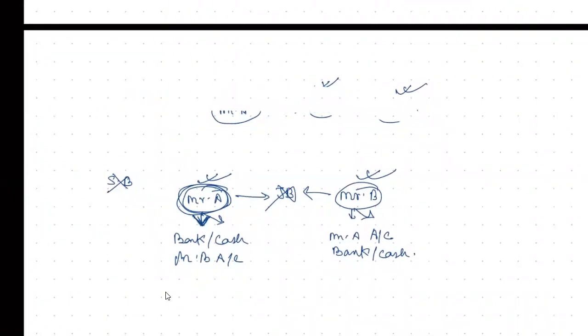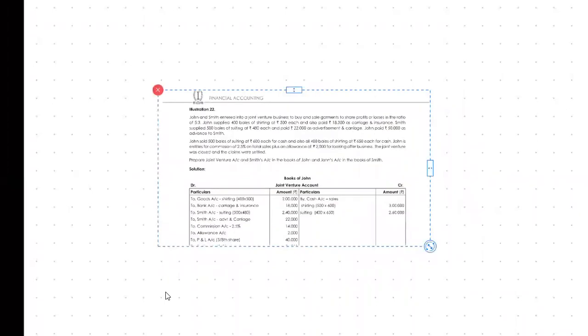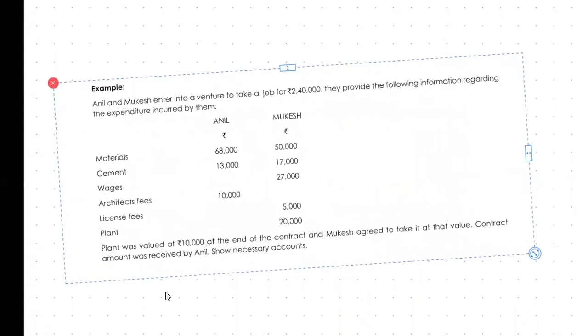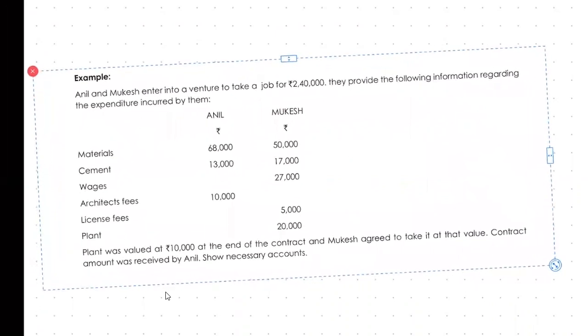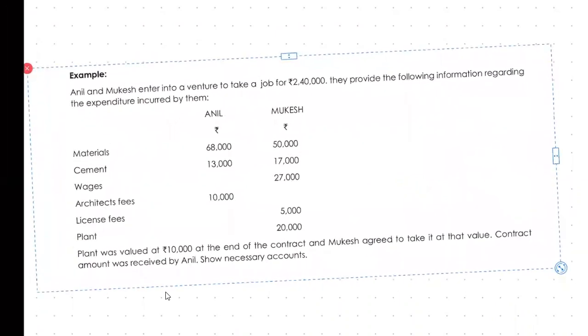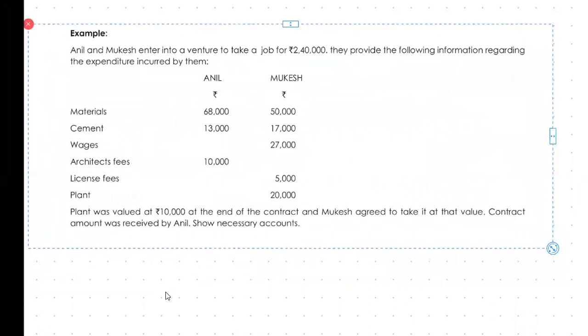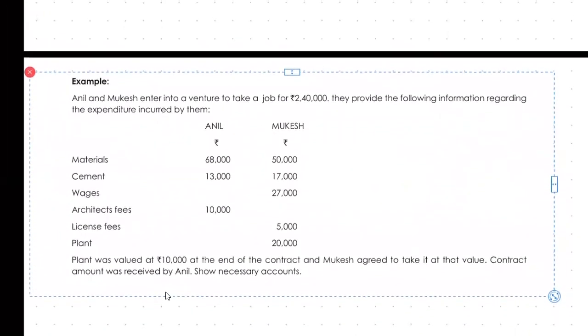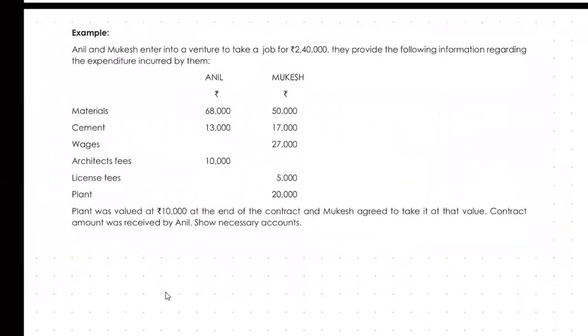Yes, sir. I'll directly move on to the illustrations. Okay. Let's read the example. Anil and Mukesh entered into a venture to take a job of 2,40,000.